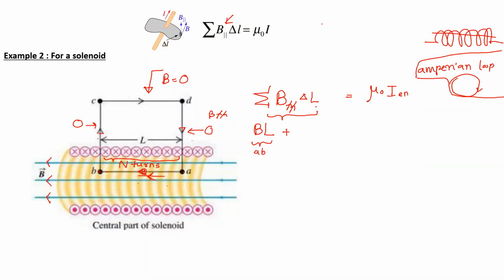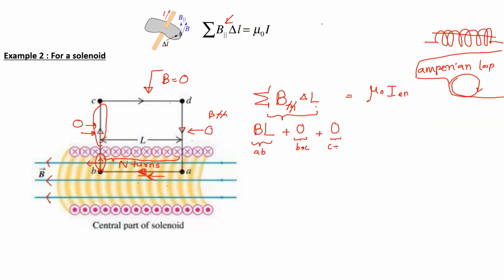Do we get anything from B to C? No. Why? Because we get nothing from this part anyway, and this part here, the length is perpendicular to the B, right? So there's no parallel component. So from B to C, we get nothing. Then C to D, again nothing.